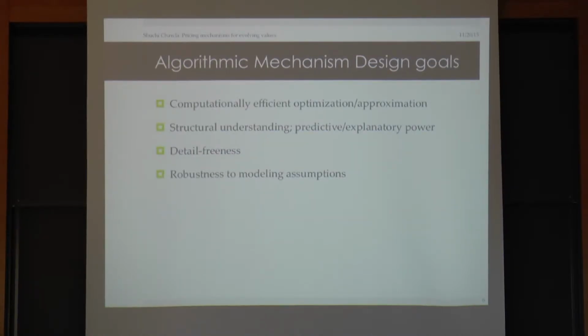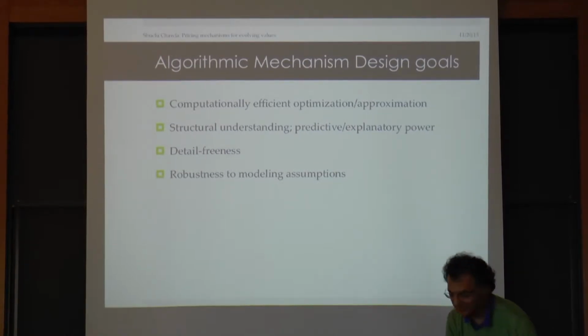So let me say a little bit about some of the main goals of mechanism design, and a very, very high level view of what we know and what we don't know. So, of course, from a computer science perspective, being able to solve these problems efficiently is goal number one, and when we can't, being able to approximate them well is an important goal.